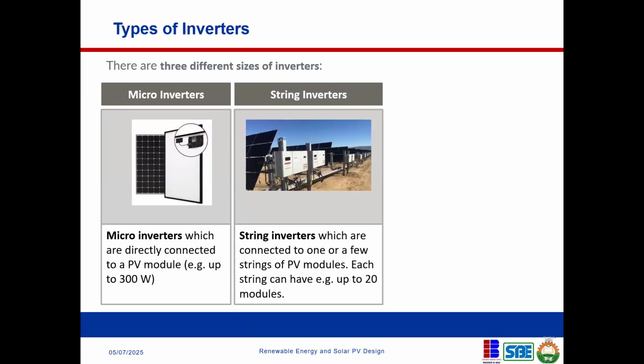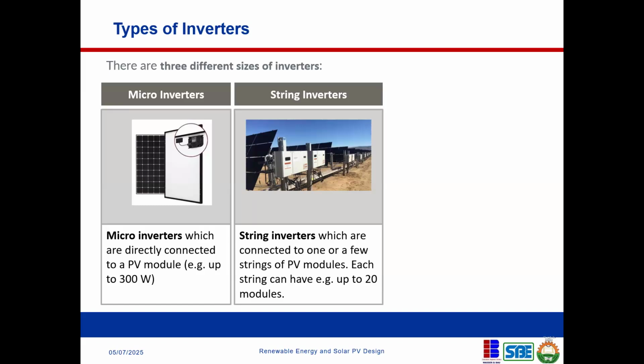Then we have a string inverter, which is connected to one or a few strings of PV modules. Each string can have up to 20 PV modules. So that comes back to the question that someone asked about combining mono and poly. It all depends. If in the same system you have mono connected in one string, and the poly connected in another string, there's not a problem with that, right?